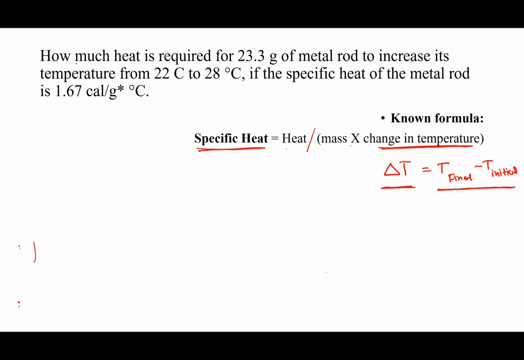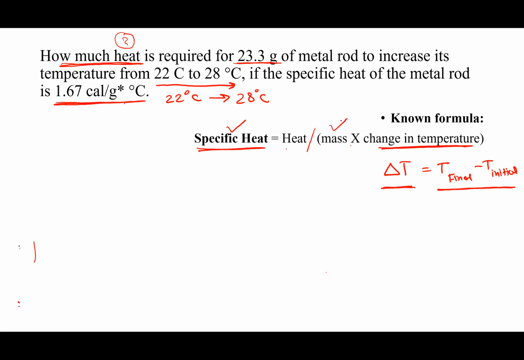Let's look at the question. It says, how much heat is required? This is what we have to find out, for 23.3 gram of the metal rod to increase its temperature from 22 degrees Celsius to 28 degrees Celsius. If the specific heat of the metal rod is given, it means we have the specific heat value for the metal.